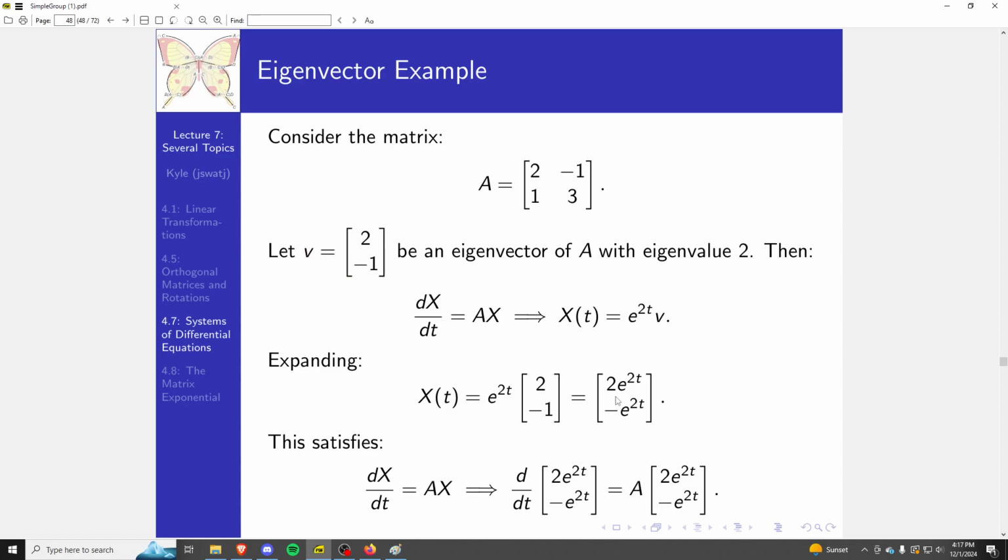And that induces this solution right here, this vector. And I think in the book they said that the derivative of this is the same as multiplying A by this.